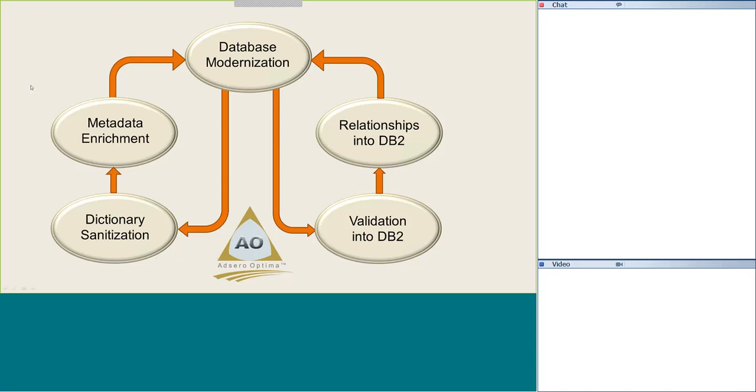Let me just explain where the AO product fits in here. Atzera Optima was a product that has been developed over a large number of years, which actually controls, documents, and manages a DB2 relational database.